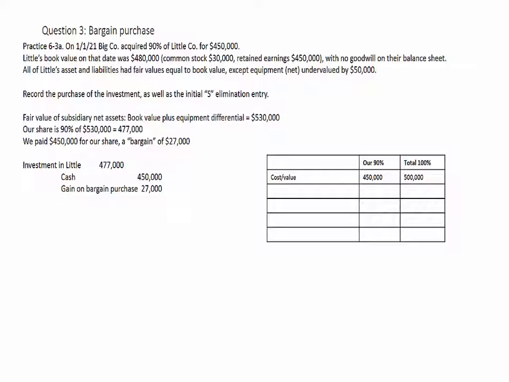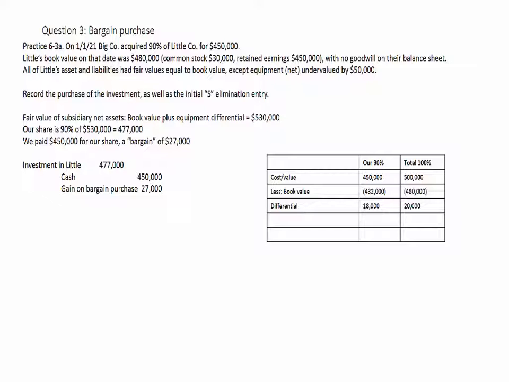Now, just for old time's sake, let's go ahead and do our cost versus book value equals differential analysis. So the cost of our 90% was $450,000. The total cost, or the total market value of the firm, would be proportional, presumably $500,000. The book value, total $480,000, our share $432,000.